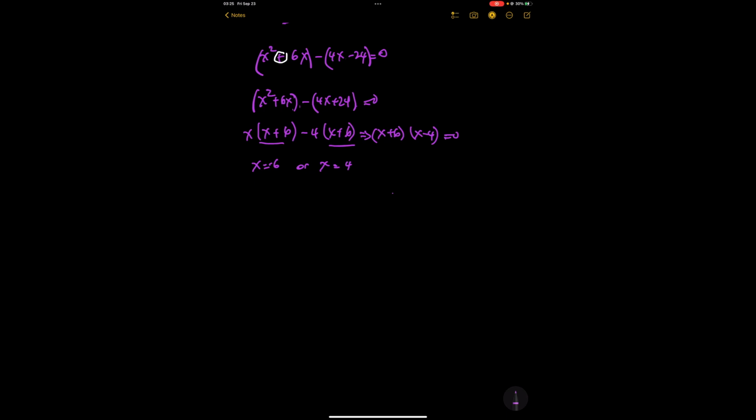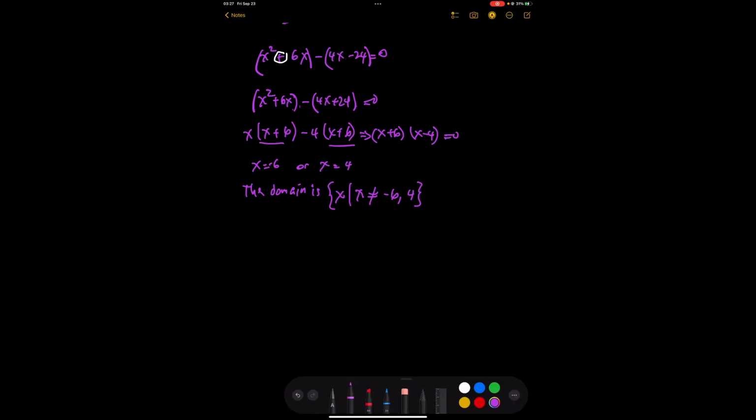The way you write the domain, you're going to say the domain is x such that x is different than negative 6 and 4. All right, this is how you write the domain of this function. It's every number x such that x is not negative 6 and x is not 4.